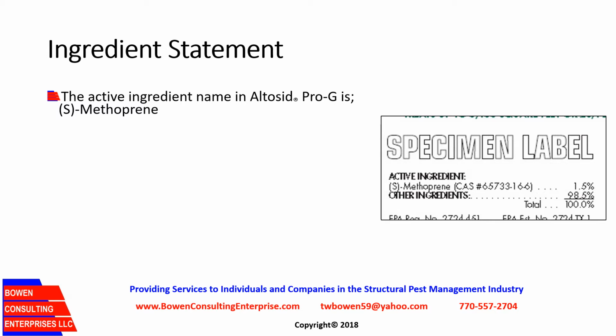The active ingredient in Altosid Pro G is S-methoprene.